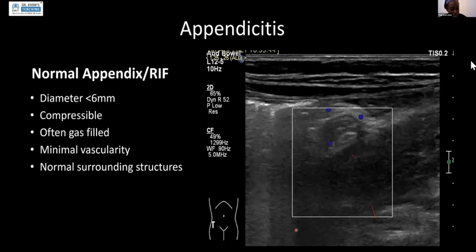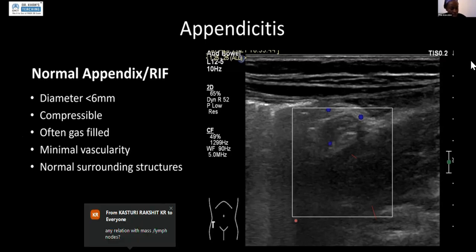To find the appendix, what I do is trace down my right hemicolon to my cecal pole. Then I look for my ileocecal valve so I can see my terminal ileum, and make sure that's all normal and not the cause of their symptoms. At the bottom of my cecal pole, I should see my appendix arising from there.